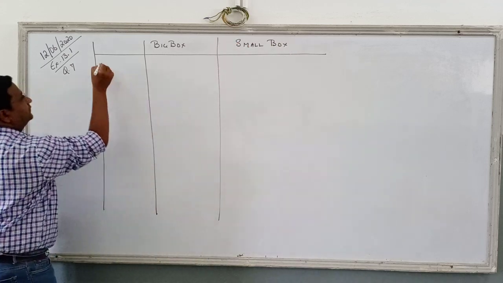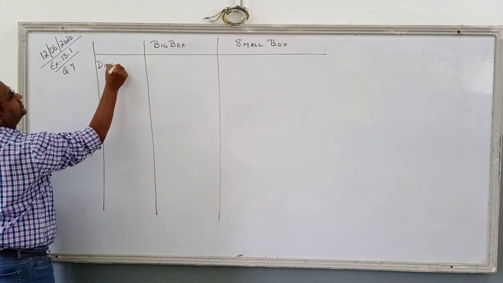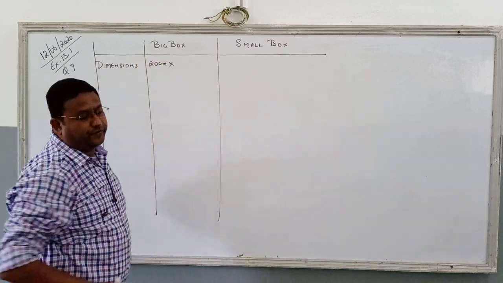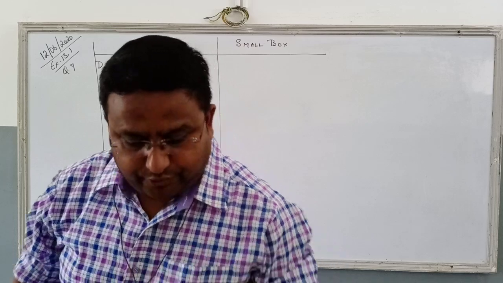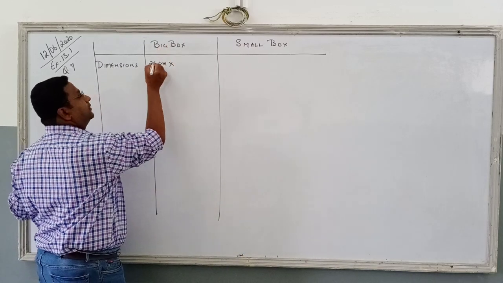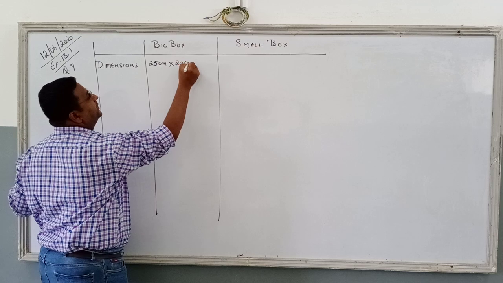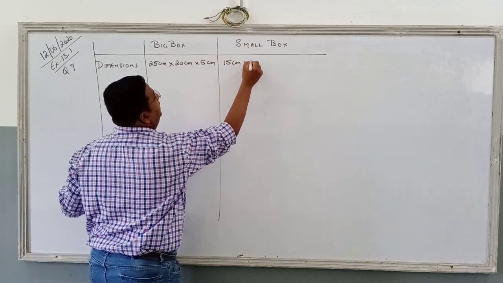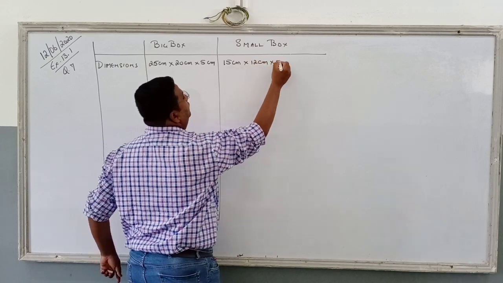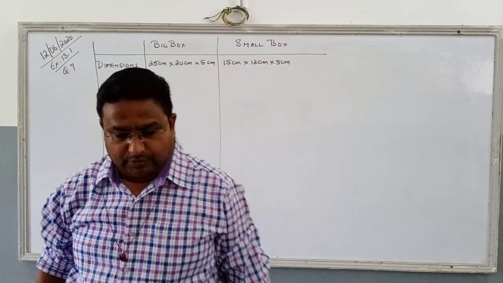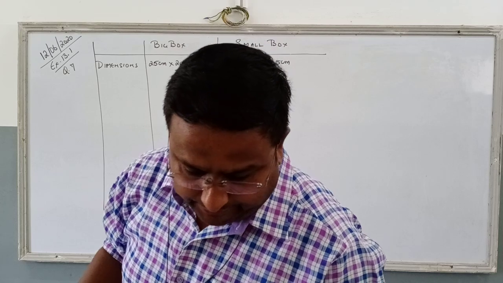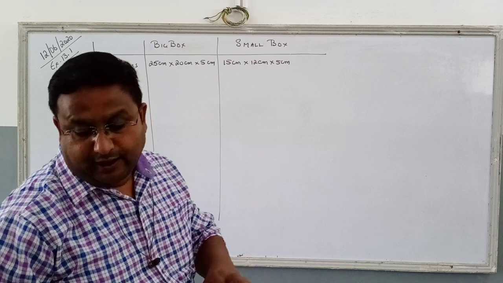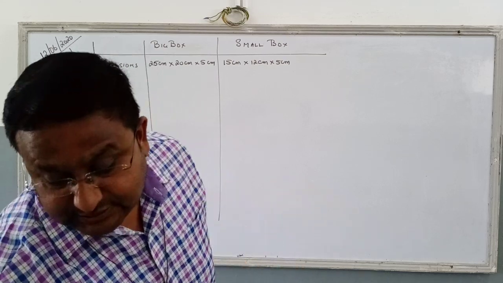The dimensions of the big box are given to us: 25 centimeter into 20 centimeter into 5 centimeter, and for the small box, 15 centimeter into 12 centimeter into 5 centimeter. These are the dimensions of the boxes given to us. Correct? Okay. Next is, for all the overlaps, 5% of the total surface area is required extra.